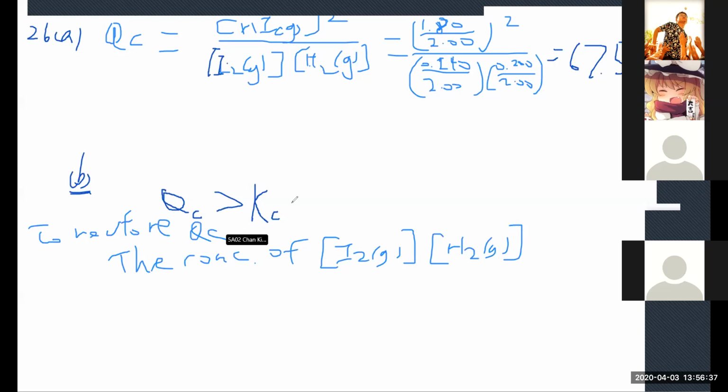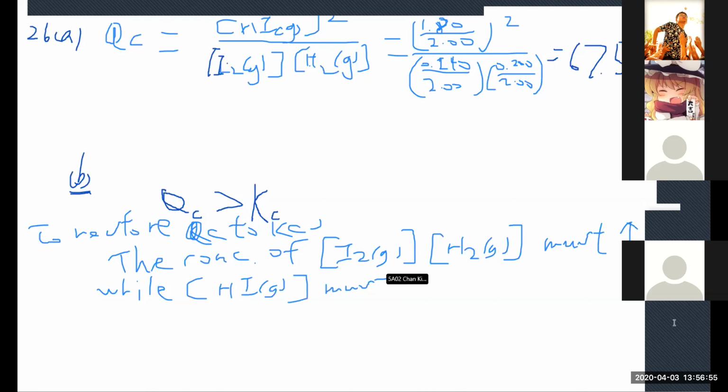So, take a look at one student's work. Restore Qc to Kc, [H2] increases. Yes, that's right, exactly. So maybe you can just directly copy Wang Junshou's work. This time, this part is okay. This one is very, very nice.